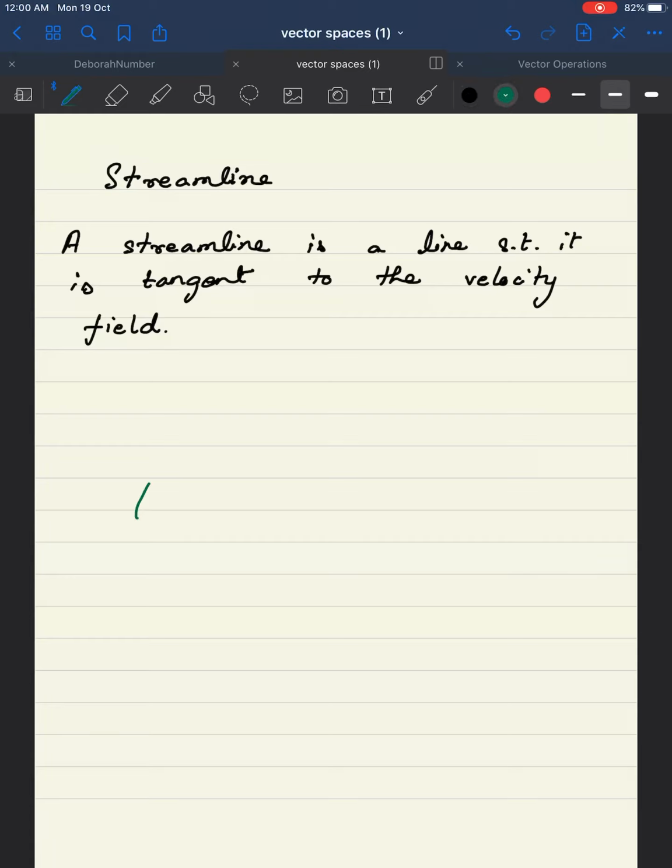Okay, so if I were to draw a line and say that this is a streamline, then by definition the velocity at a given point is coincident with the tangent of the curve.